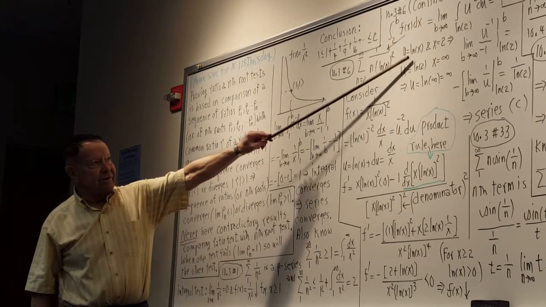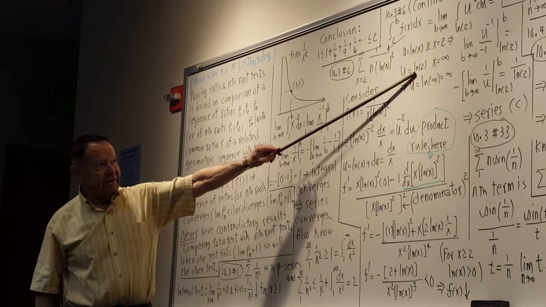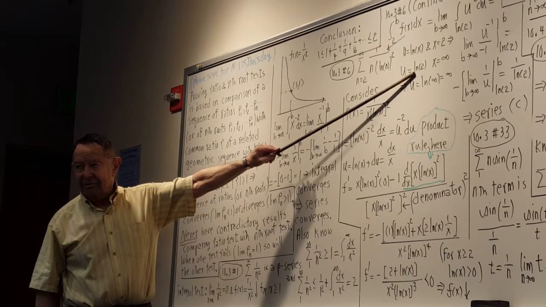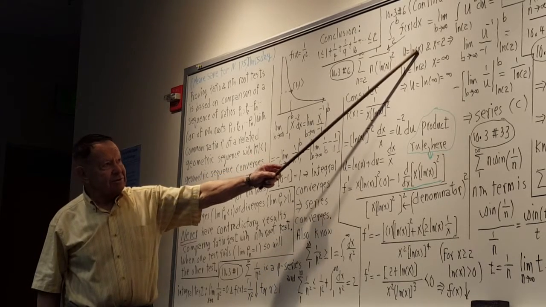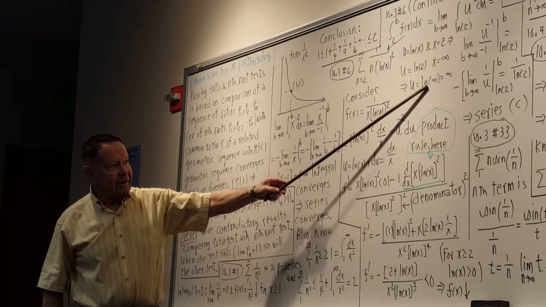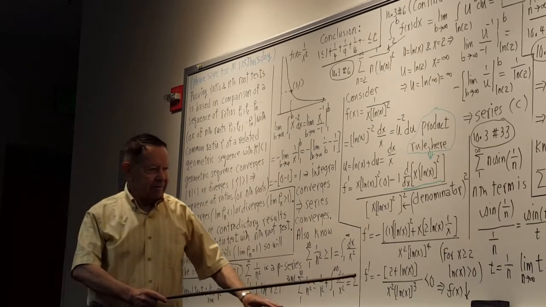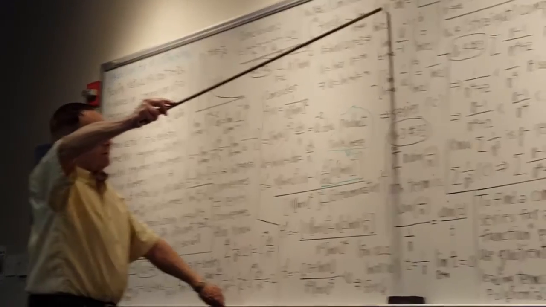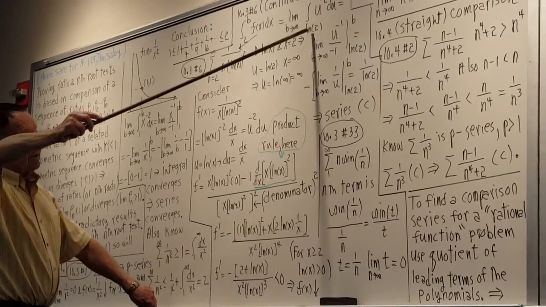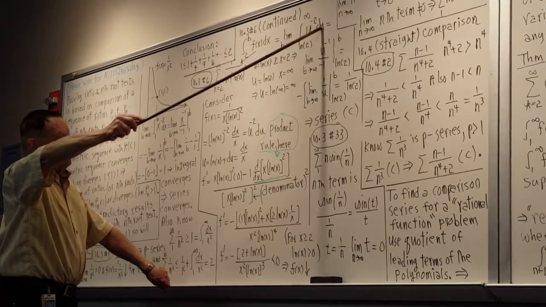So if u is log x and x is 2, then u would be log 2. So that would be your lower limit. And as x goes to infinity, log goes to infinity. So your improper integral then, in terms of u, is log 2 to infinity, u to the minus 2 du.